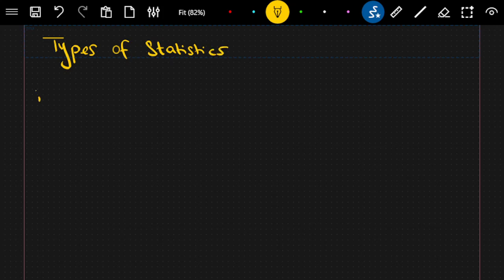As we saw, we have two types, which are descriptive statistics and inferential statistics. Okay, so let us see first of all what descriptive statistics is.